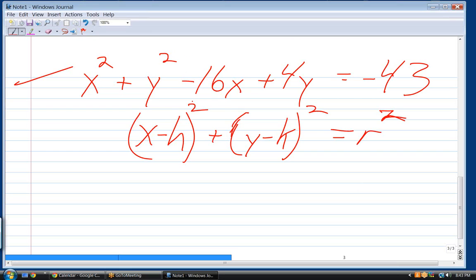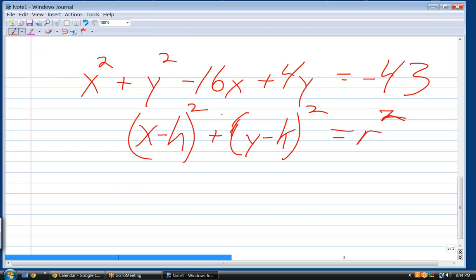Complete the square. It's all coming back. Yeah, you're going to do that with a lot of these conic sections, with circles, ellipses, hyperbolas, and parabolas. There's a lot of completing the square to do.